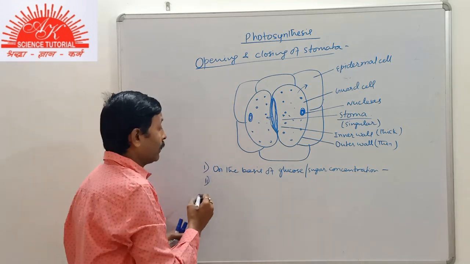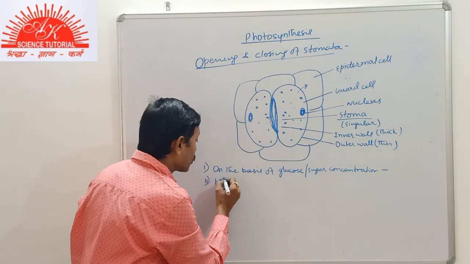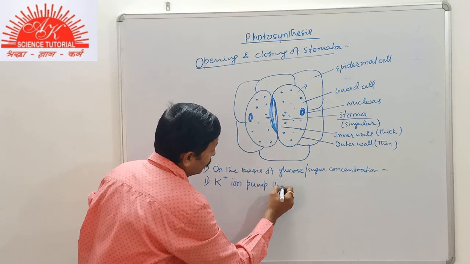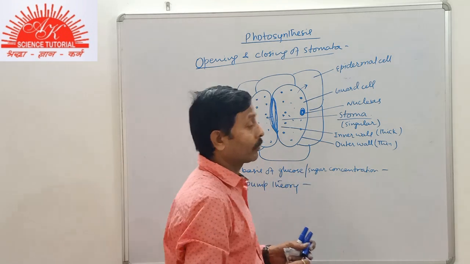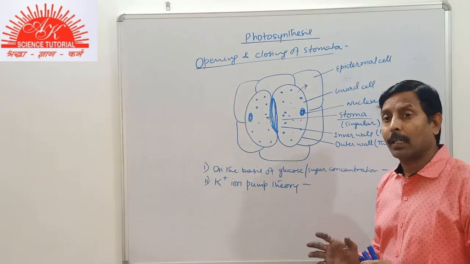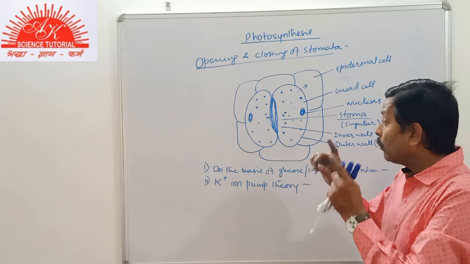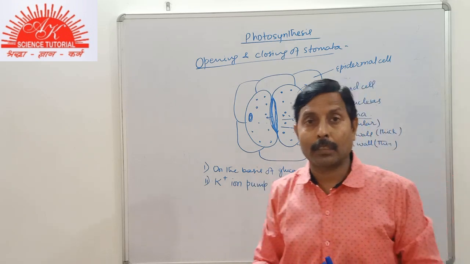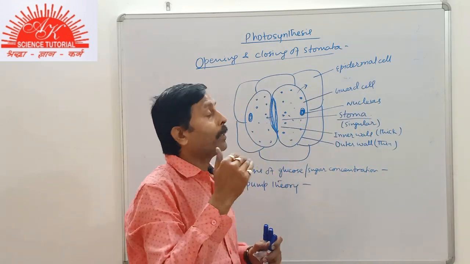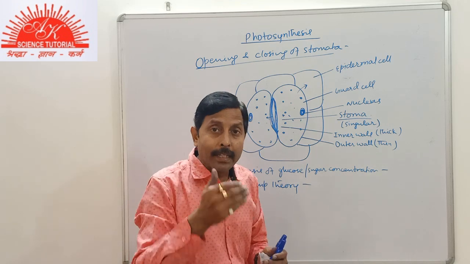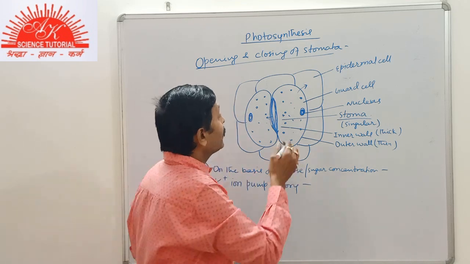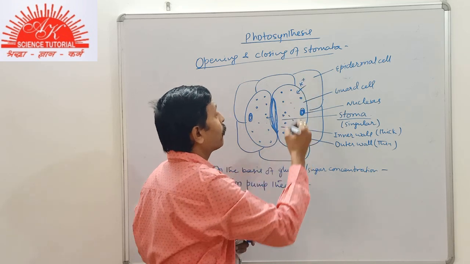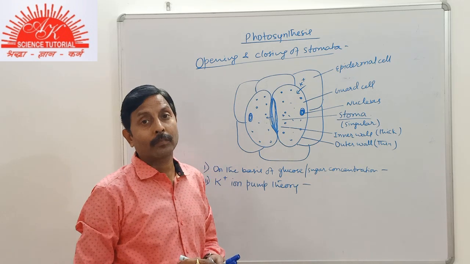The second is on the basis of the K plus ion pump theory. It is also explained on a similar basis. During daytime, photosynthesis takes place in the guard cells, producing ATP. Now, this ATP or energy is used to absorb K plus ions from the surrounding cells by active absorption.